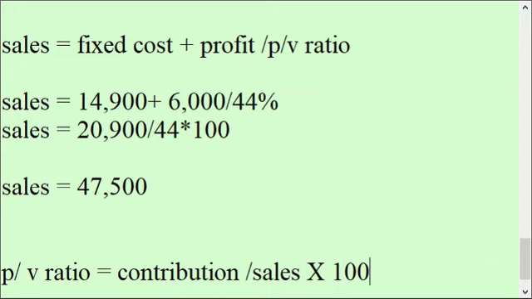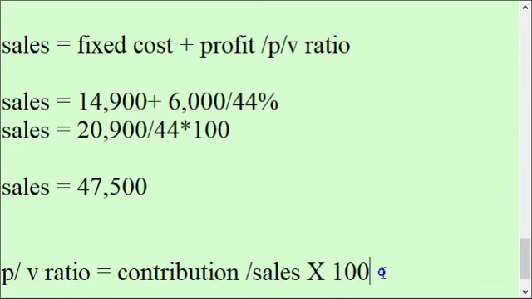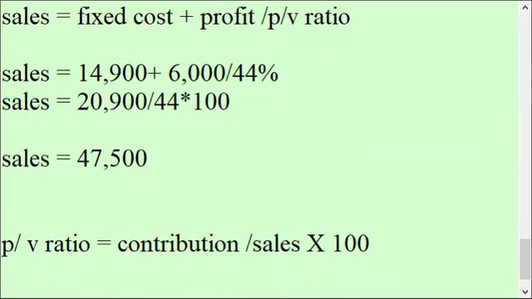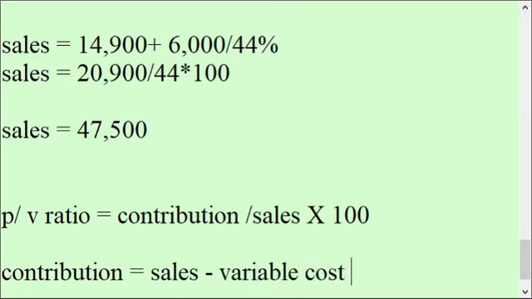In this problem, the selling price and variable cost are given per unit, and that only we can take up. So here, contribution is equal to sales minus variable cost.